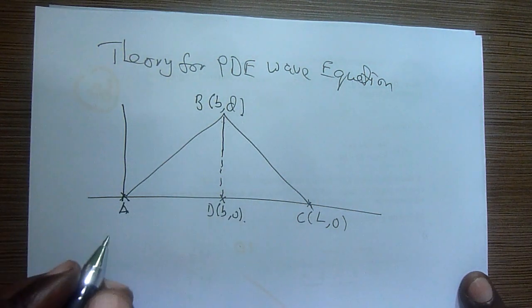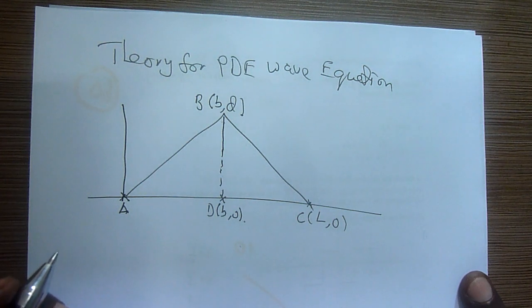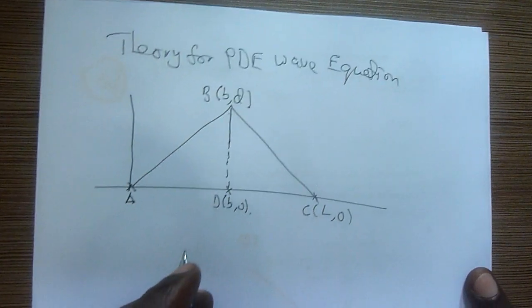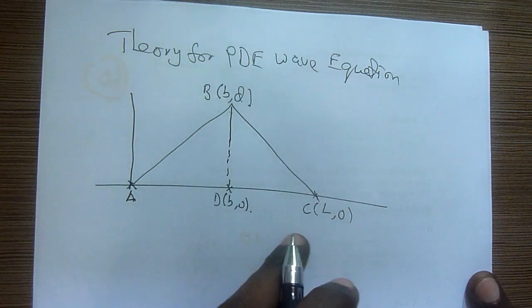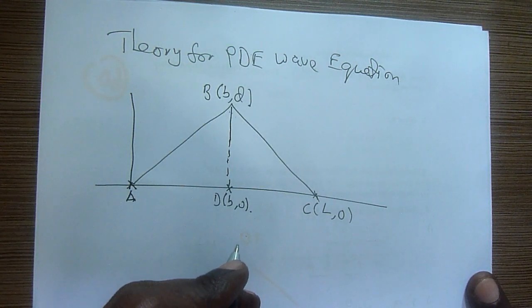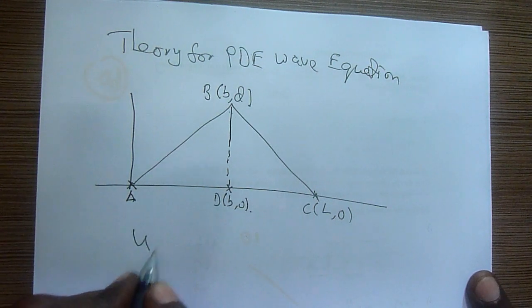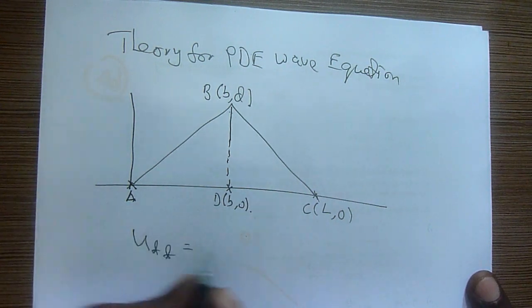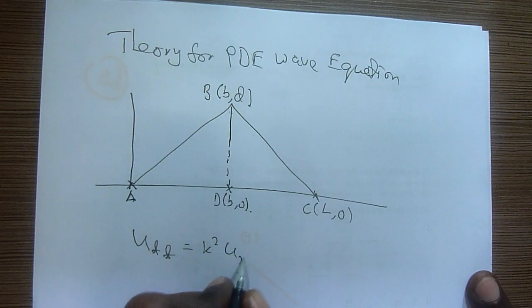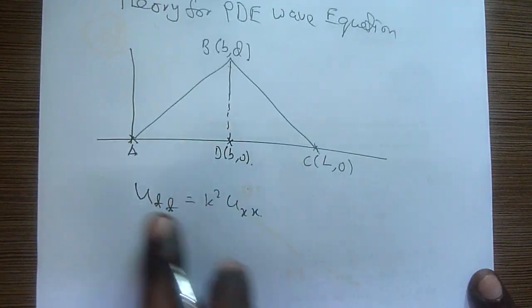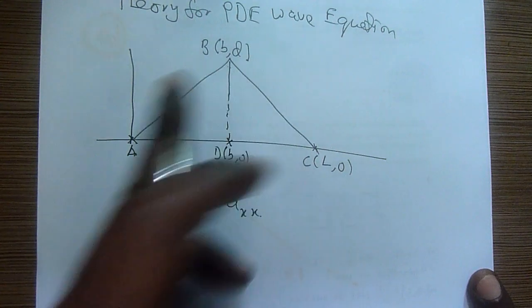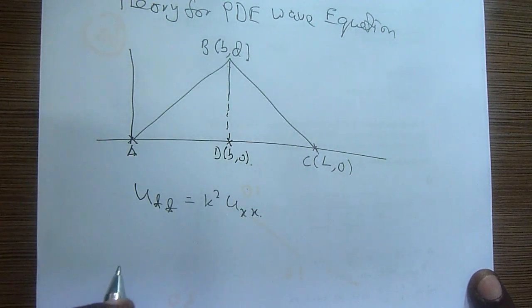Now the challenge is, first let me put the questions to you. Normally they will give you this question this way. Sometimes they never let you know what the equation is, but you need to identify that this is a wave equation, therefore you need to use this.